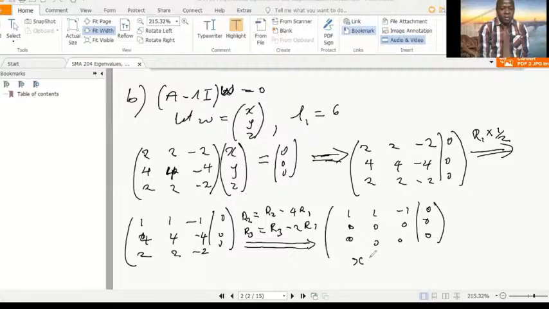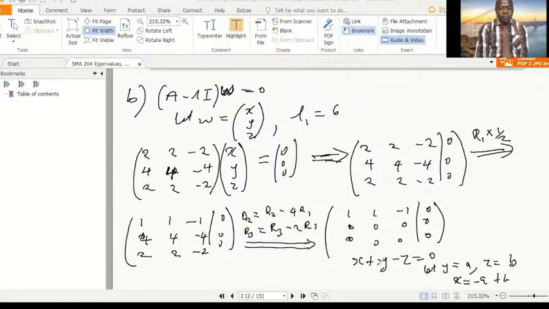Then what is x? From here you can see that x will be negative y plus z. When you make x the subject of the formula, y goes the other side and becomes negative, and z also goes the other side of the equal sign and becomes positive.